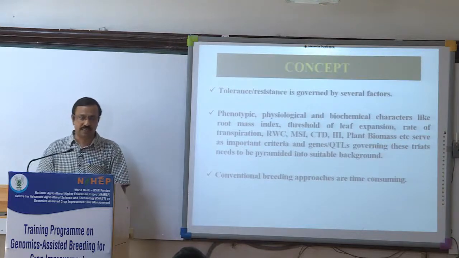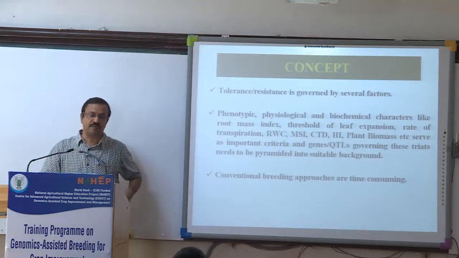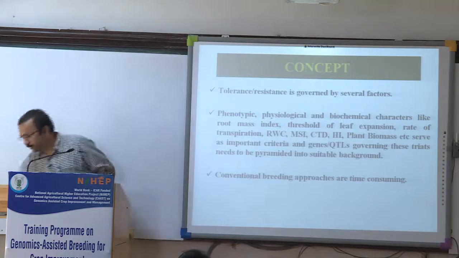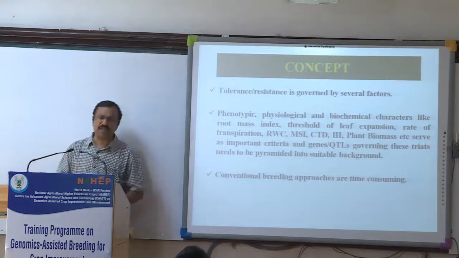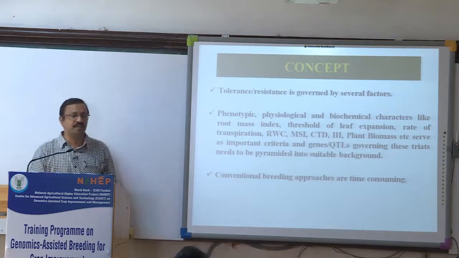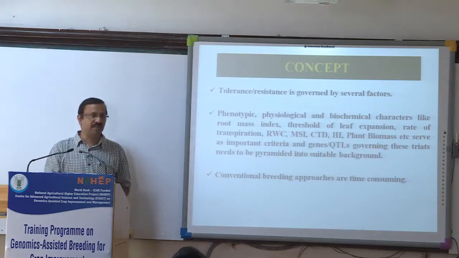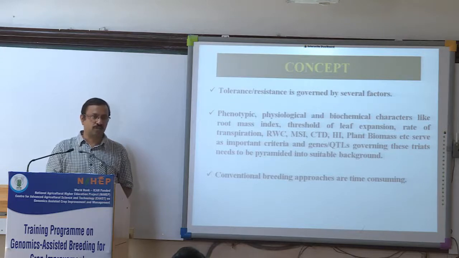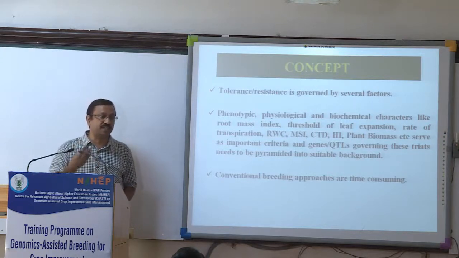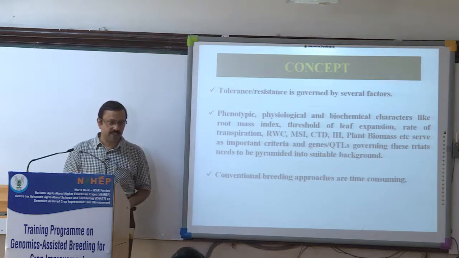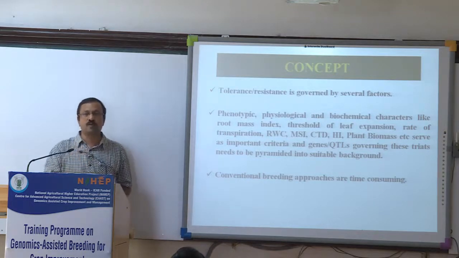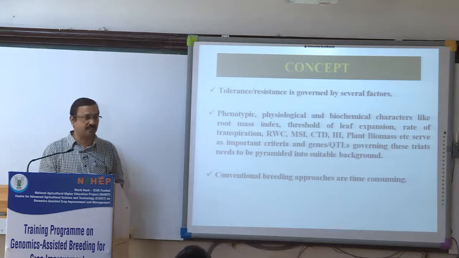Now tolerance, I don't say resistance, in case of abiotic stresses is governed by different factors. Many people have given different parameters. When Neil Turner started working and giving the plant type concept along with Donald, Neil Turner said that it is the transpirational efficiency that controls the tolerance to abiotic stress, particularly drought.